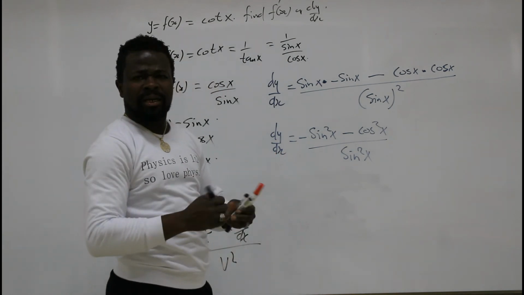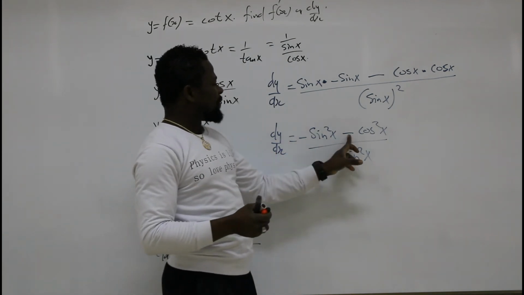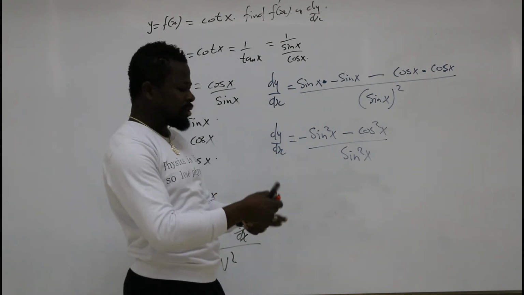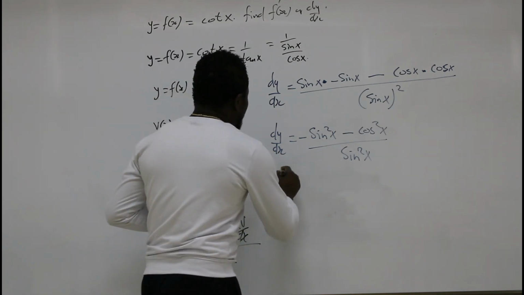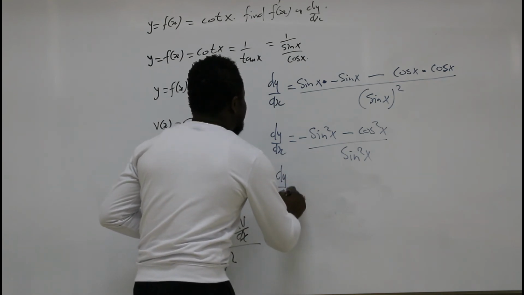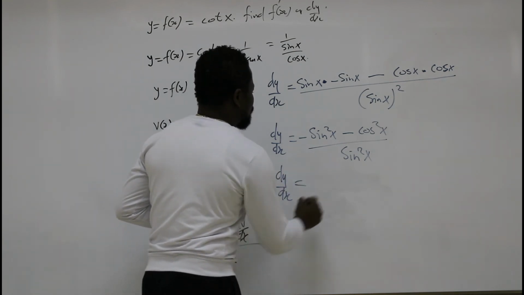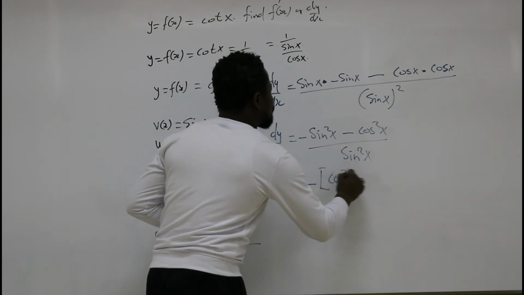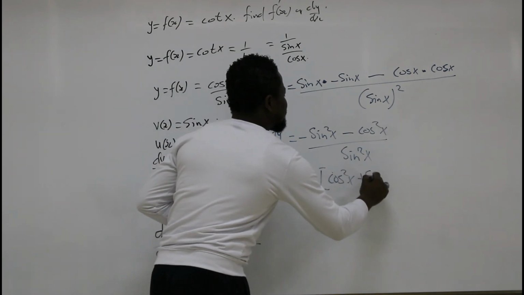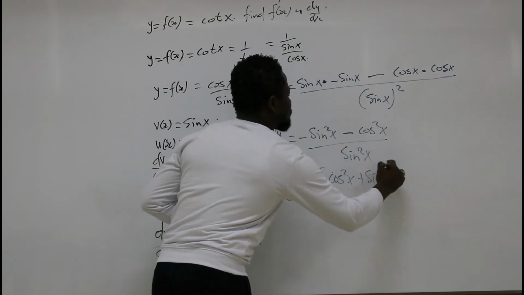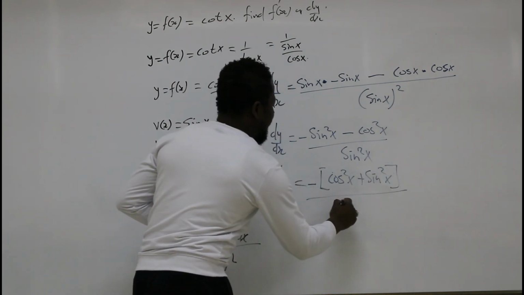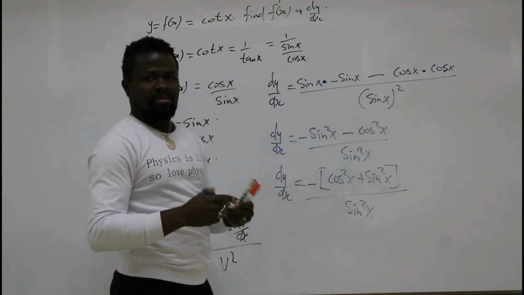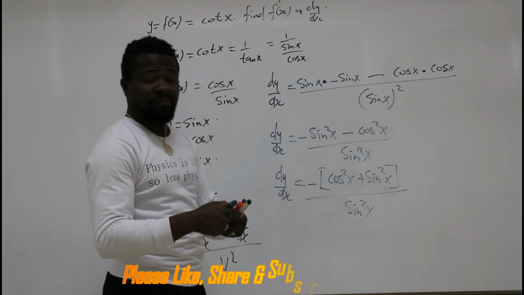Once we have gotten this, we can see a negative here. So let's try and factor out the negative sign. If I factor that out, I'm going to have dy/dx equal to negative, cos squared x plus sine squared x, all divided by sine squared x. And again, we come back to where we started from in the first question.